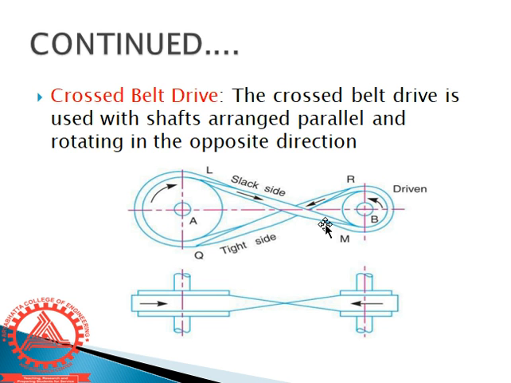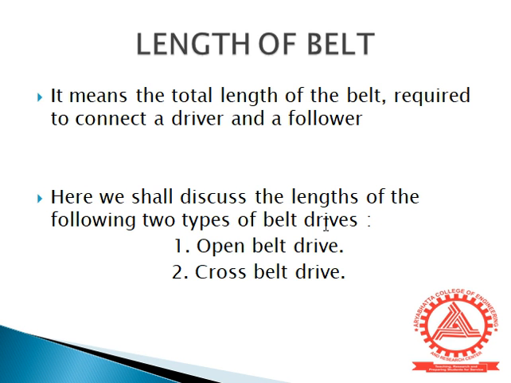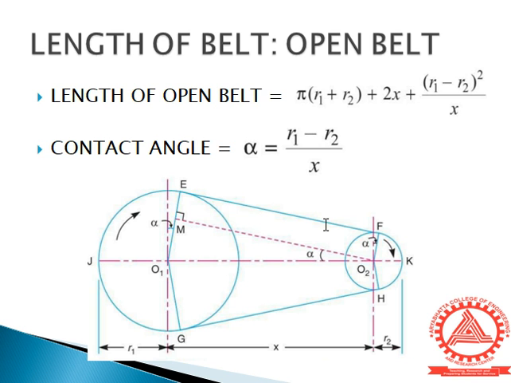And now we will discuss the length of belt. The length of belt means the total length of the belt required to connect a driver and a follower pulley. We can see this is the driver pulley and this is the follower pulley.